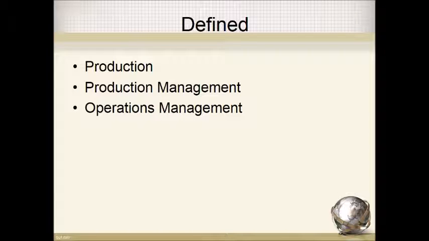There's also operations management, which is defined as that specialized area that concerns transforming resources into goods and services. It includes areas such as human resources, technical skills, and/or innovation. There's also the idea of operations management in the service sector.